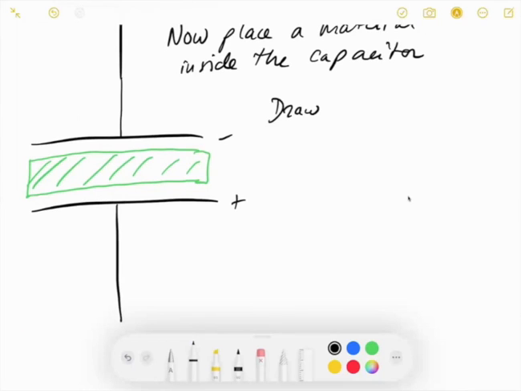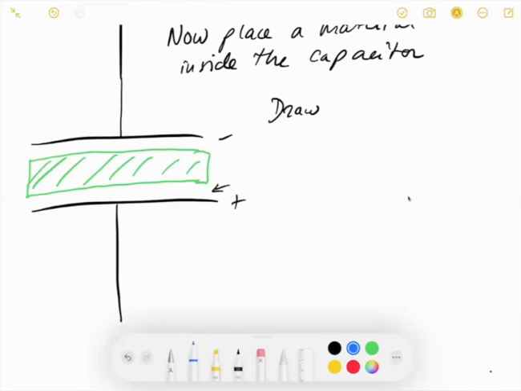Okay. And now draw E in the region where we have vacuum. So let's call that the original E. Sorry, I had it in blue. Where's my eraser?